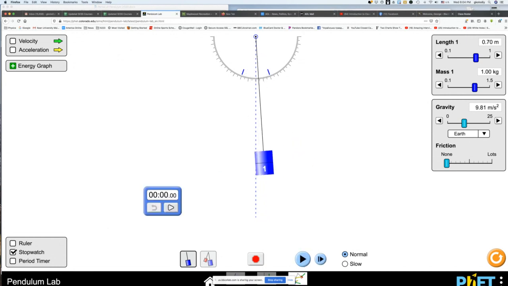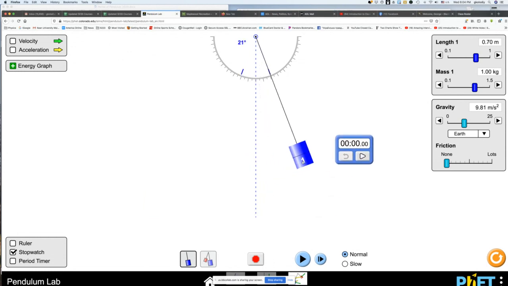I'm going to bring this up, let's say to 20 degrees, and I'm going to time it for 10 oscillations. 1, 2, 3, 4, 5, 6, 7, 8, 9, 10. Oops, I went a little over. It was 17 seconds. All right, so 17 seconds was for 10 oscillations.